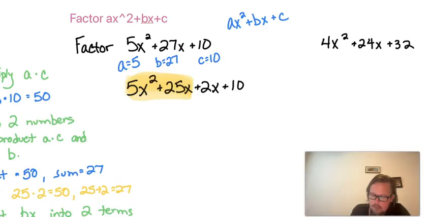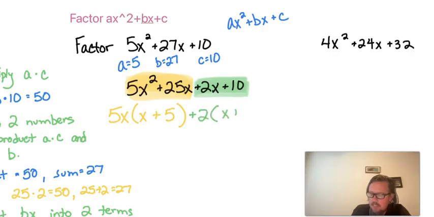They have a greatest common factor of 5x, leaving us with x plus 5. And then our second two terms are 2x plus 10. They have a greatest common factor of positive 2, leaving us with x plus 5. The set of parentheses that they have in common is x plus 5.